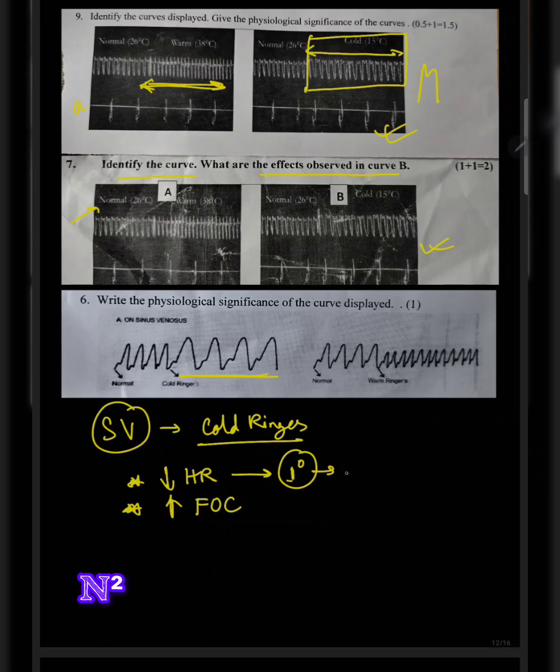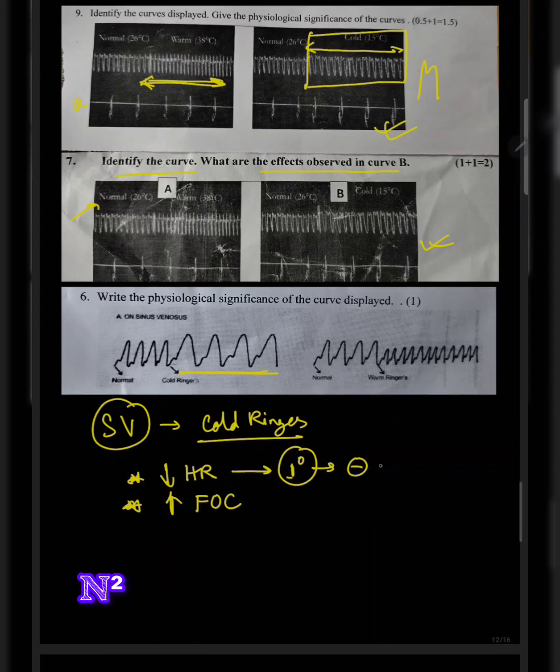It directly affects the pacemaker cell and it inhibits the pacemaker activity, so as a result of which, what happens? The heart will be pumping at a very slow pace. Now because of that, what happened? The end diastolic volume will be increasing. Now because of the increase in end diastolic volume, what will happen?